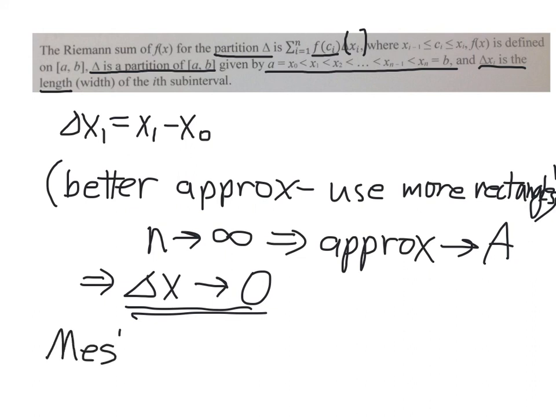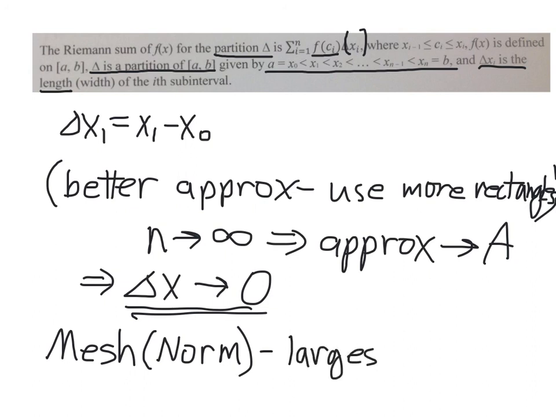we'll throw out some really fancy words here, the mesh, or sometimes it's called the norm. This is defined as the largest width, the largest delta x sub i.